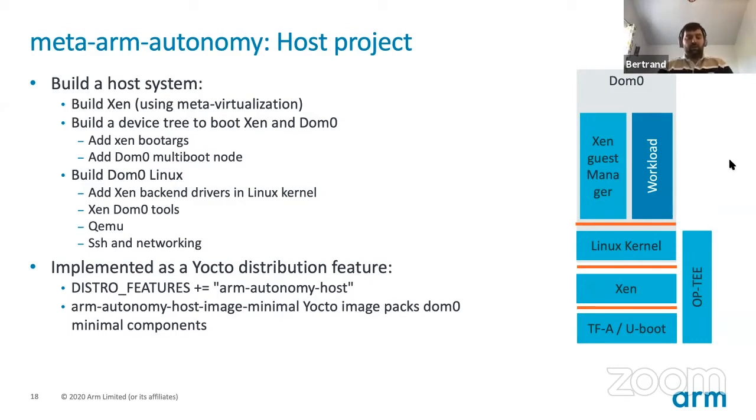A Dom0 Linux is built with Xen backend drivers and required tools in the root file system to manage the guests. So this is implemented as a Yocto distribution feature named arm-autonomy-host. The layer also provides an image named arm-autonomy-host-image-minimal to create a minimal Dom0 system with all required tools to manage Xen guests.